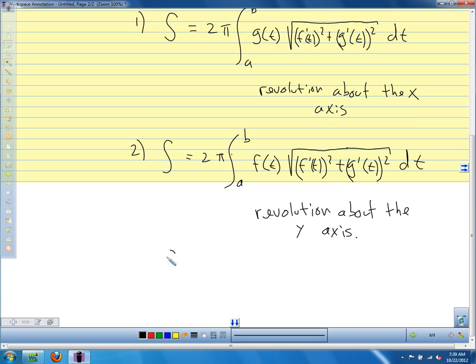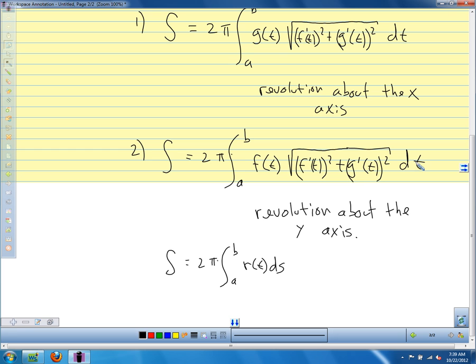We say that our surface area is 2 pi times the integral of r of t times ds. So r of t is the radius of revolution, and ds is this radical, our little portion of arc length.